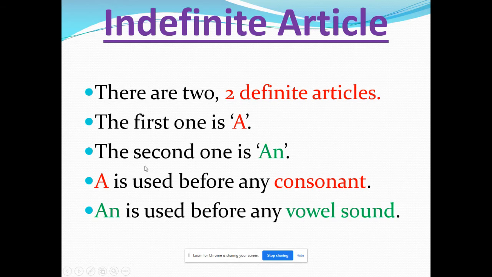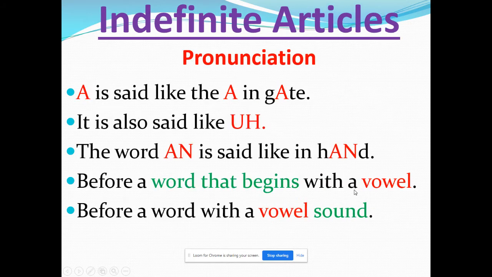Okay. Again, a is used before any consonant, and an is used before any vowel sound. The pronunciation for the indefinite article a, let's say like the a in gate. Okay, so we say a like gate. It is also said like uh. Remember the sounds of the vowel a. It has two different sounds, right? A and uh.